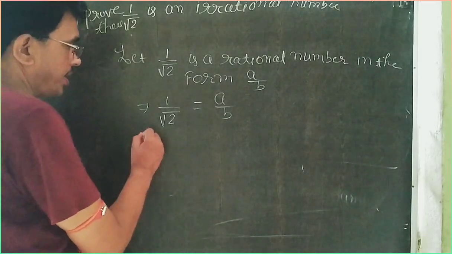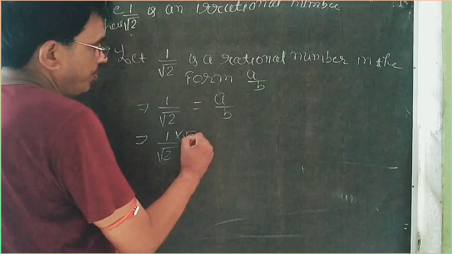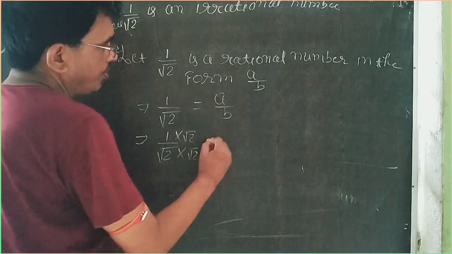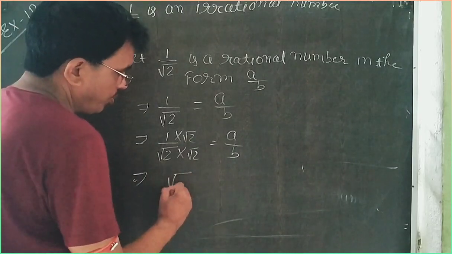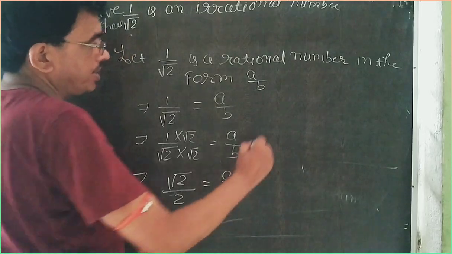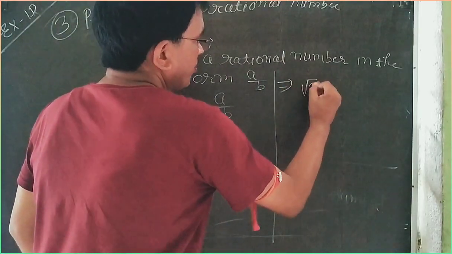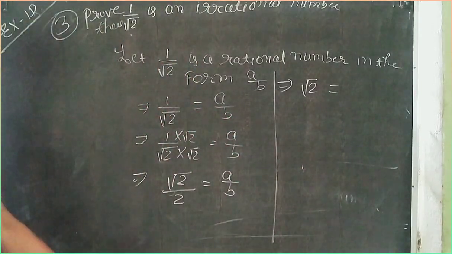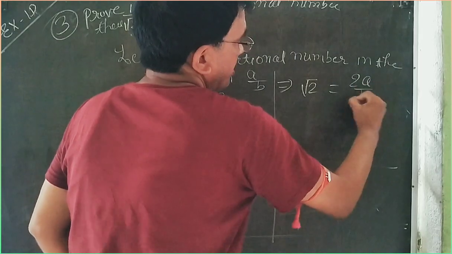So you write 1 by root 2 multiplied by root 2 by root 2, which is equal to a by b. Then root 2 by 2 is equal to a by b. Therefore, root 2 is equal to 2a by b.